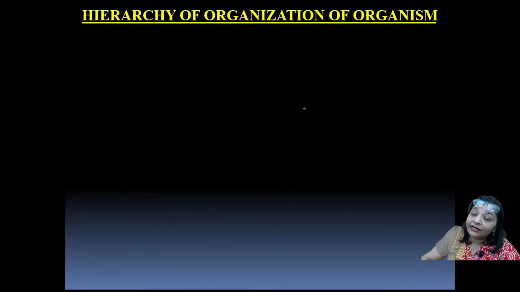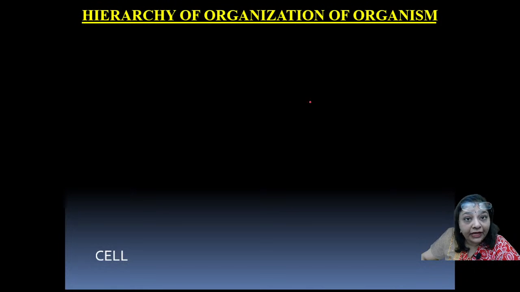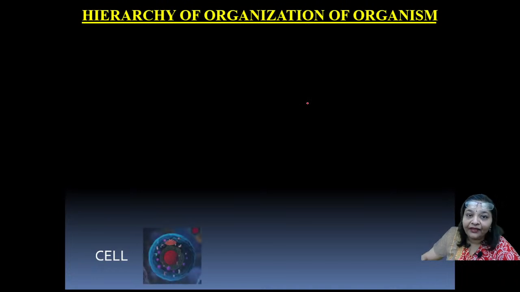Let us see how the organization of organisms is hierarchical. Organisms are made up of the basic structural and functional unit called the cell, isn't it? You have already studied the structure and function of the cell.